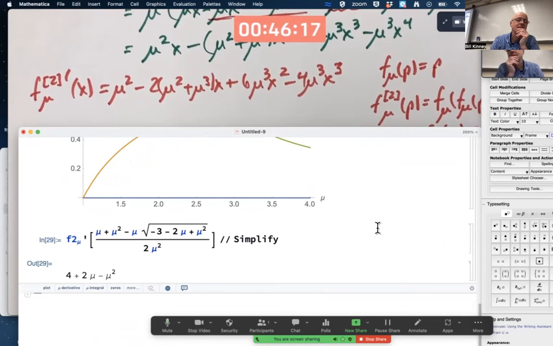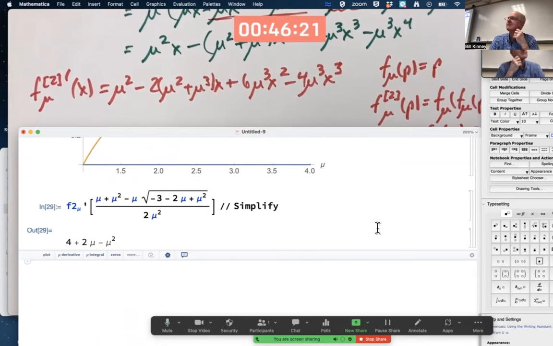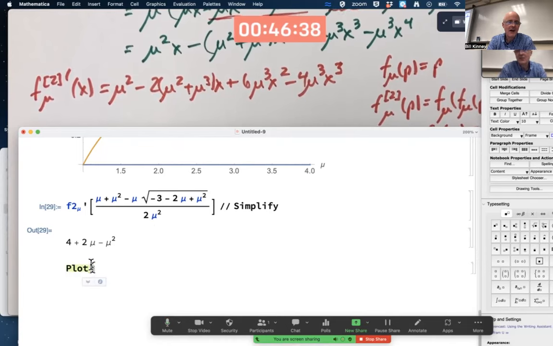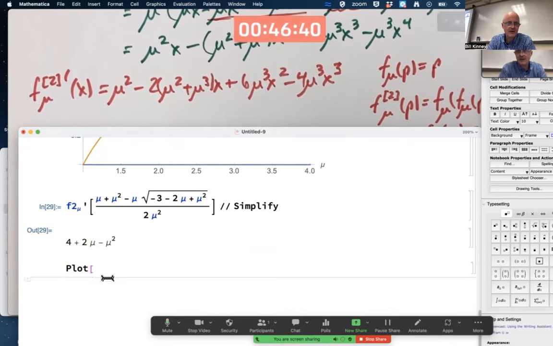How about that? Maybe unexpected that it would simplify so nicely. What's relevant about that? Whether it's between -1 and 1 or not is what's relevant, right? That's the key condition. How about plotting that as a function of mu?